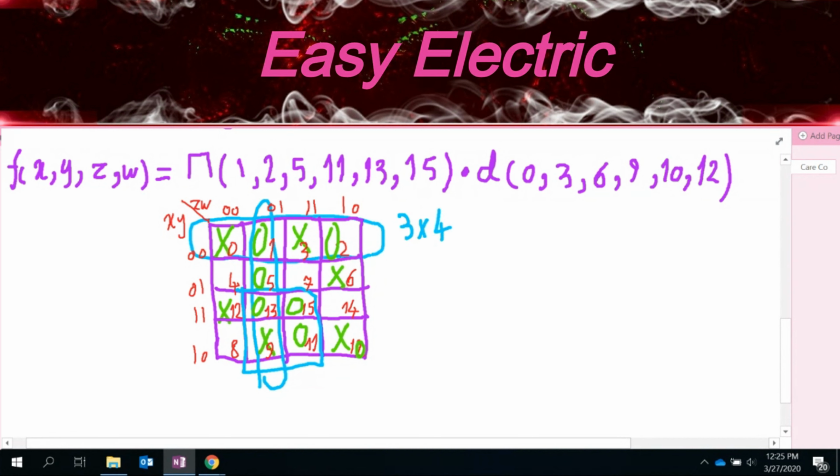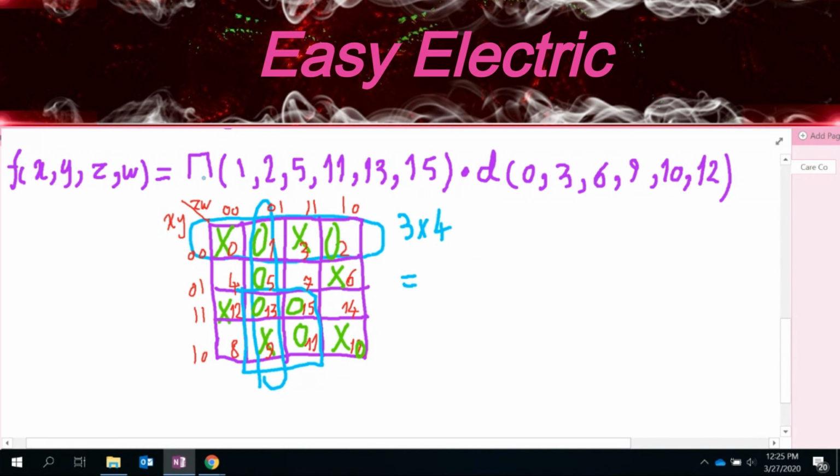So then you are able to write the corresponding terms for each of them. Start with this. So the z and y are going to change from 0 to 1. They are gone. So x is 0, y is 0. You tell me what should be the corresponding term for this.